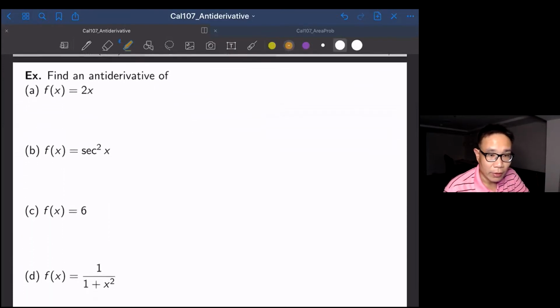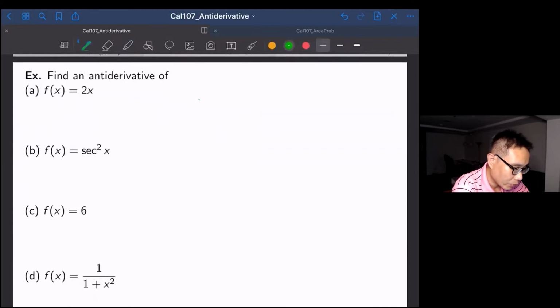The next example asks you to find the antiderivative of the following function. You have f(x) equal to 2x. You would want to recover the function that has derivative equal to 2x, and we did this many times.